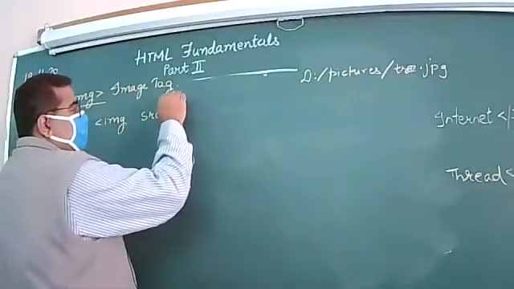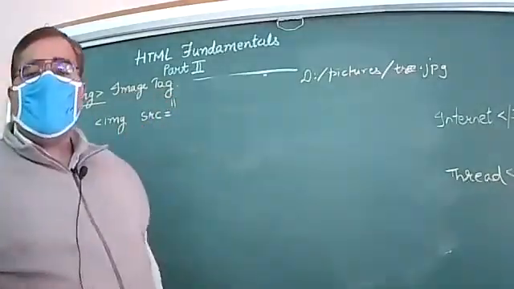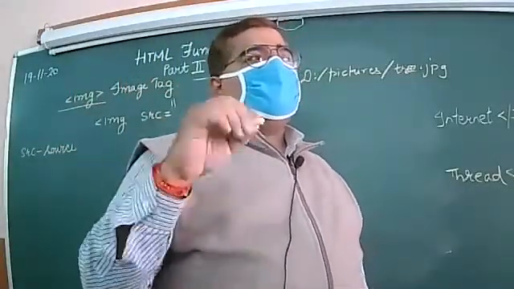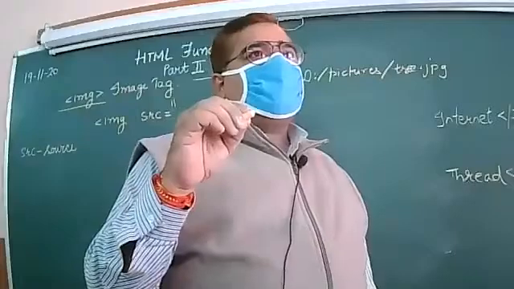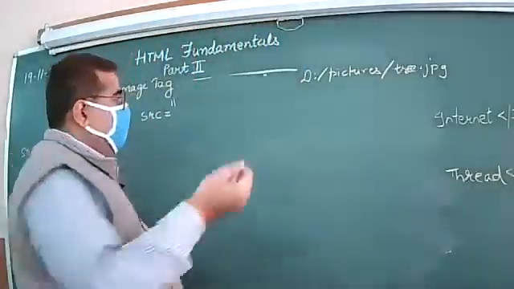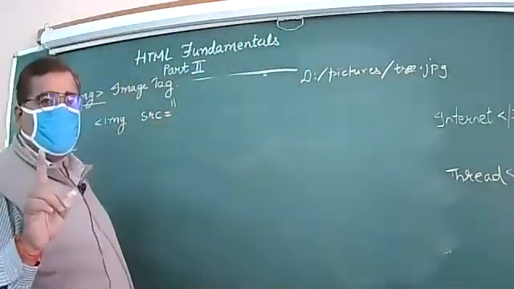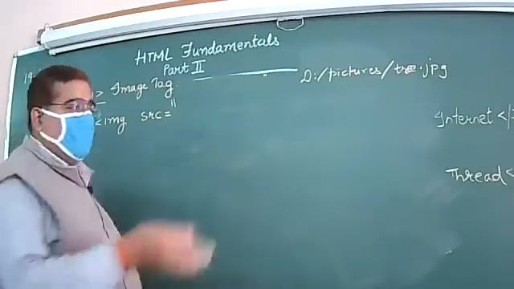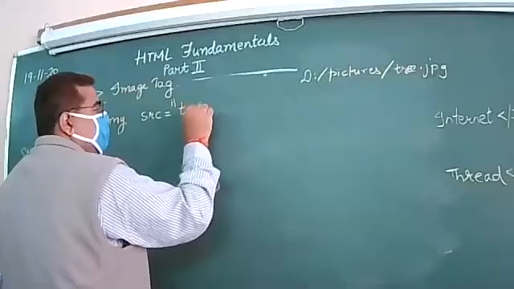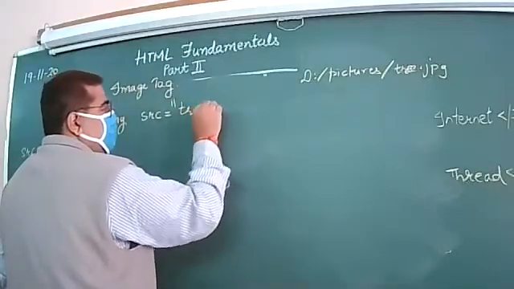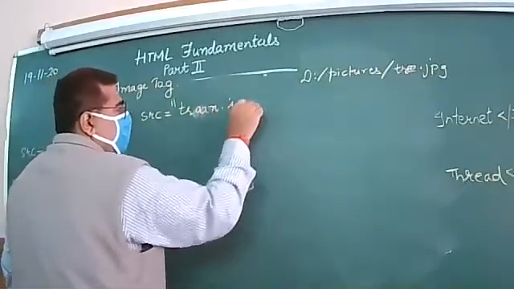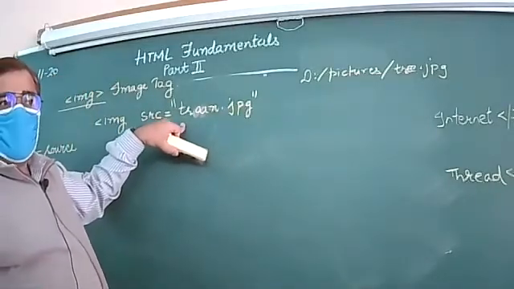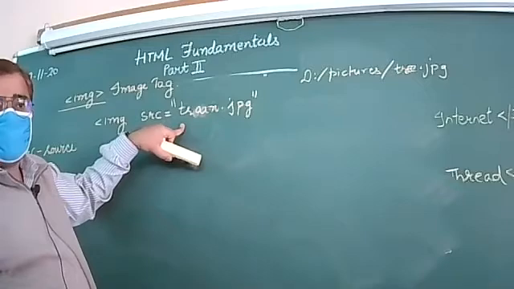Clear? Now suppose I have given one instruction. Image is from the file train.jpg, but I have not given the path. You are not having this knowledge that where this image is residing. So directly you write over here, no need to add any drive from your side, because question is silent on this topic.